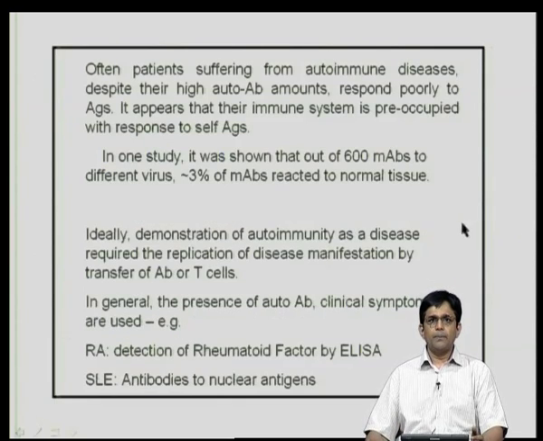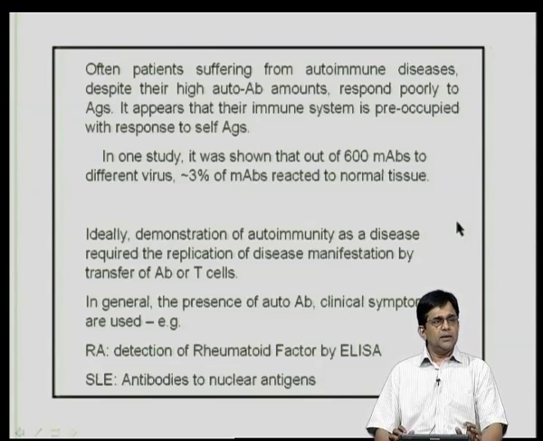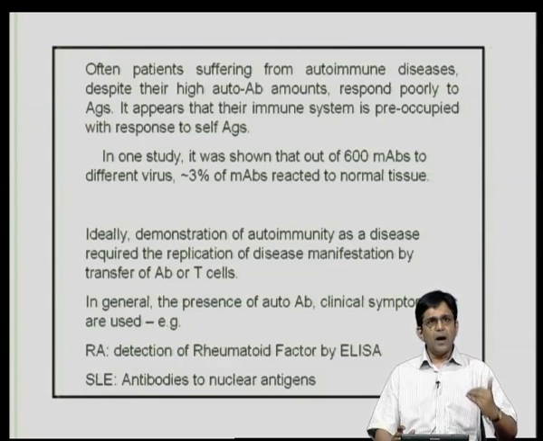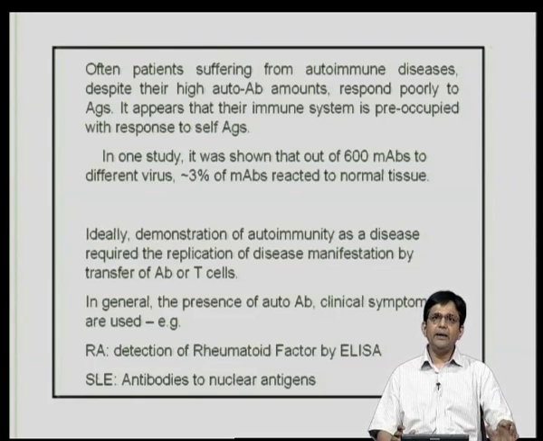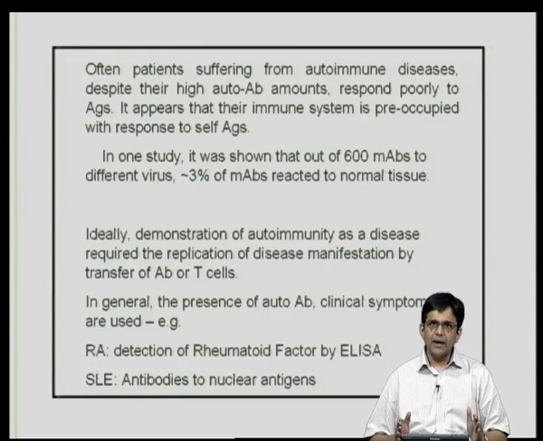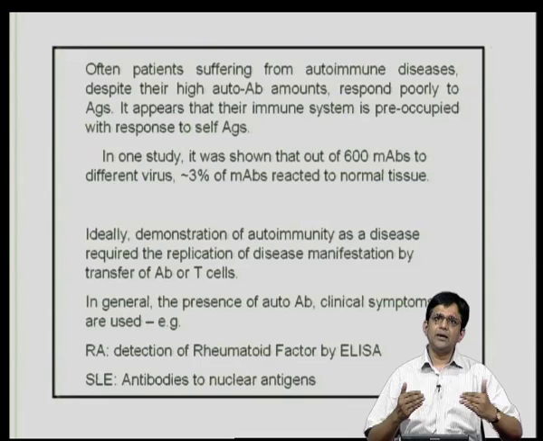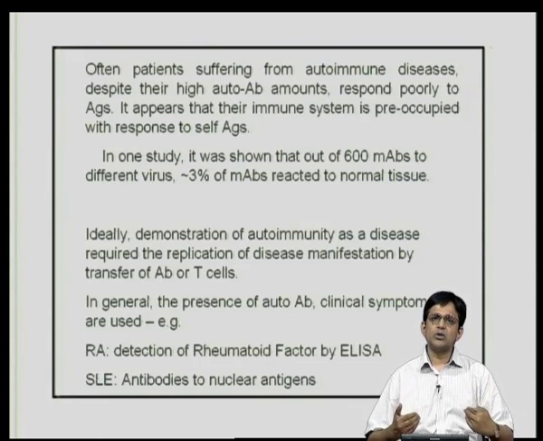Okay. Now, the other interesting aspect about autoimmune diseases is that high titers of antibodies are produced against self, and despite this their ability to react to pathogens is compromised, and it would seem as if the entire effort in these autoimmune patients is directed towards immune responses against self.